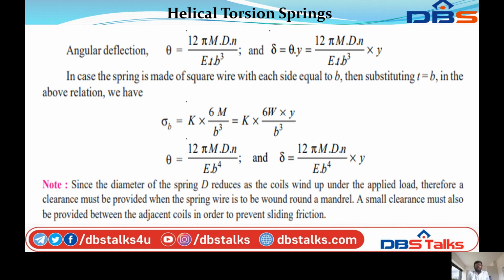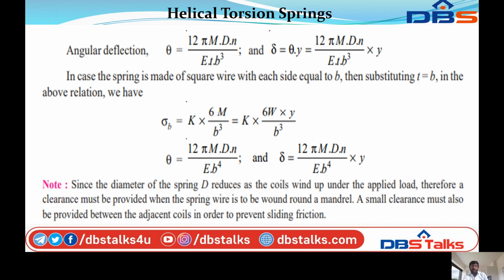Theta is equal to 12 into pi into capital M into capital D into n by capital E into b power 4, and deflection delta is equal to 12 into pi into M into D into n by E into b power 4 into y. So this formula will be used in the problem. This formula is also given in the data book.